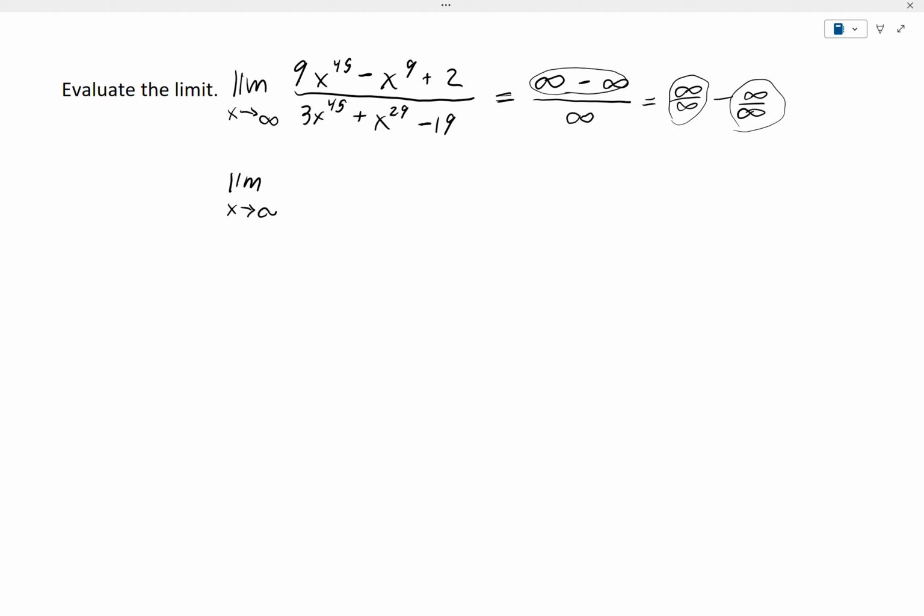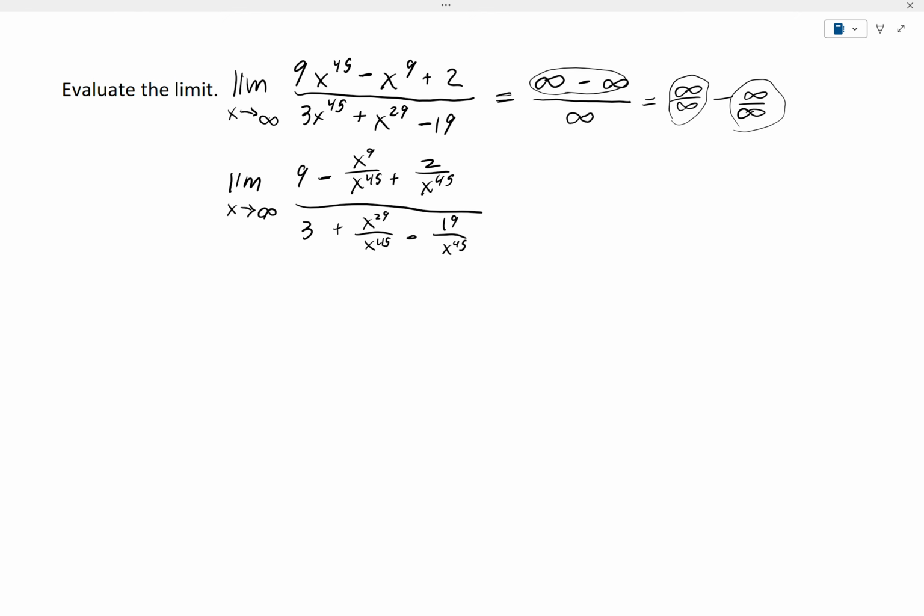If I divide by the highest power of x, this is what the function becomes: 9 minus x to the 9 over x to the 45 plus 2 over x to the 45, all over 3 plus x to the 29 over x to the 45 minus 19 over x to the 45. So this is what we get.